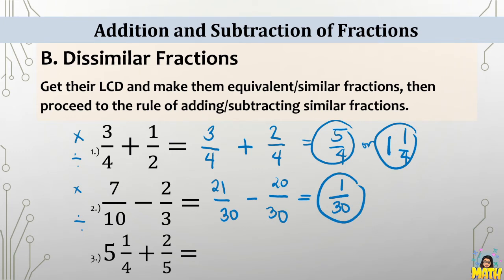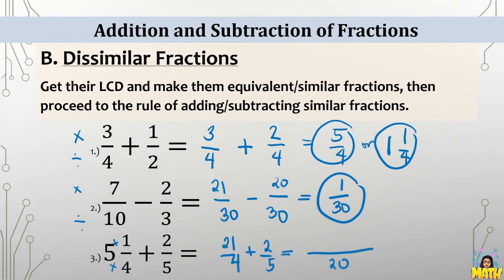Number 3, 5 and 1/4 plus 2/5. Kapag ganito, it's better to rewrite first the mixed fraction into improper fraction. So we can have 5 times 4 plus 1. That's 21 over 4 plus 2 over 5. So let's find first the least common denominator. So that is 20.